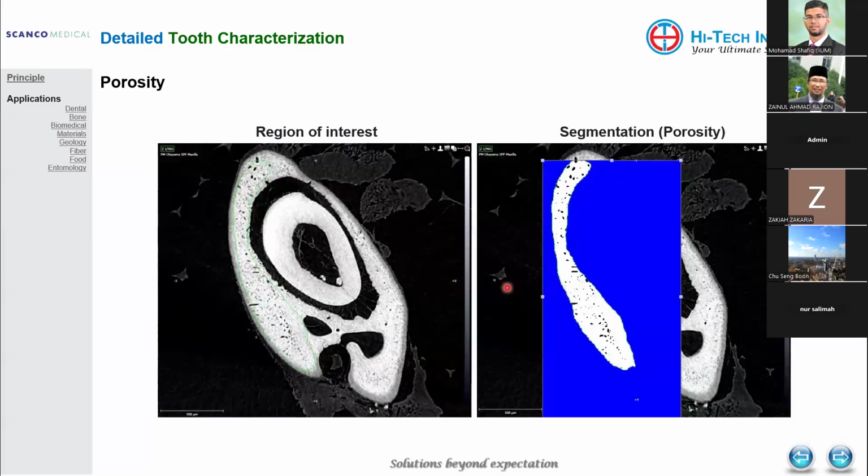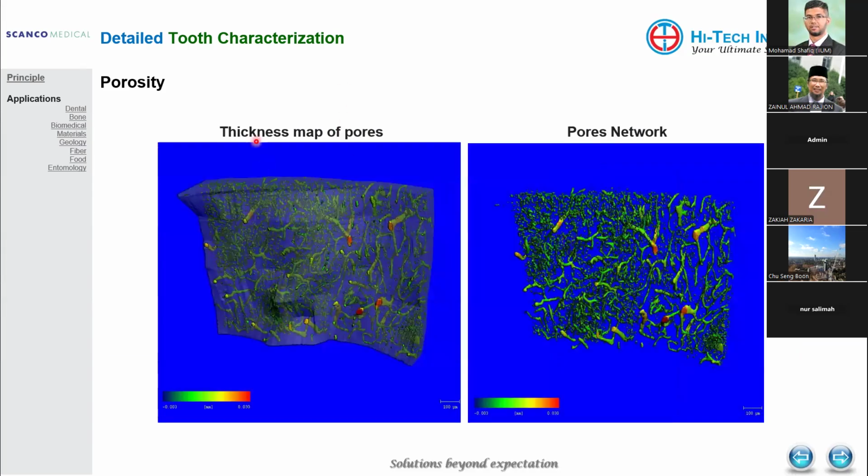So let's look at the porosity. What we can do is select the area that we think is critical for our porosity studies. Then this is what we can get: the thickness map of the pores and also the pore networks. All this is color coded here.